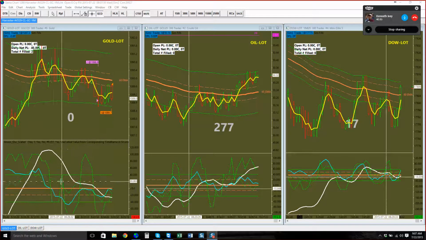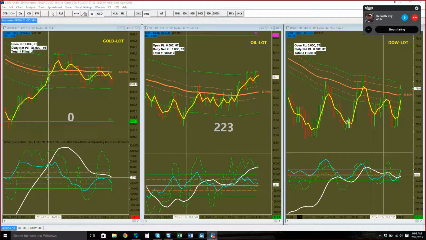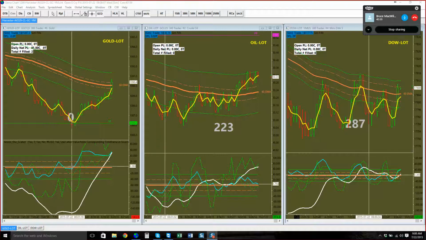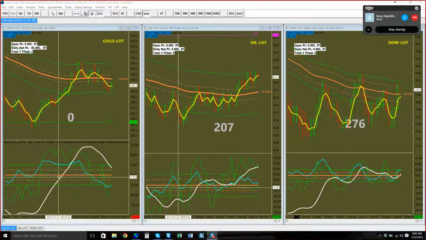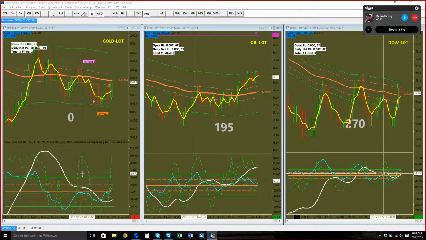What are these MACD lines? We're using two MACD lines. The fastest of the MACD lines is this blue line, which is the MACD difference. The slowest of the MACD lines is this white line. Now, why are the MACDs so important?